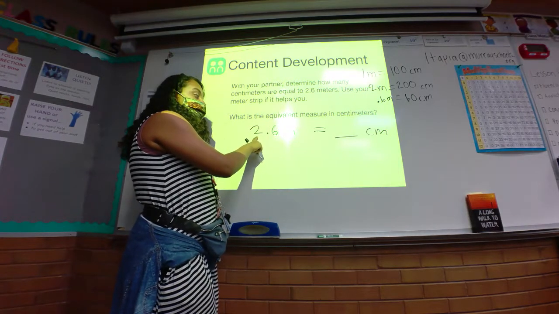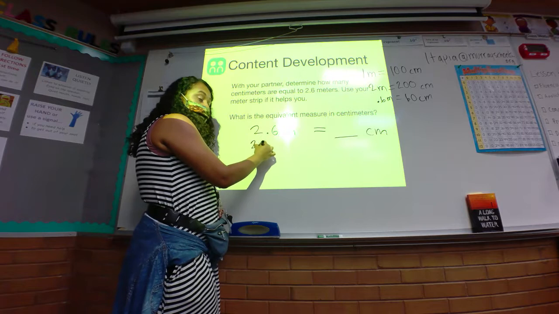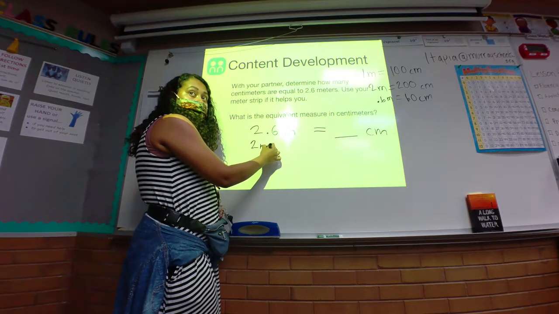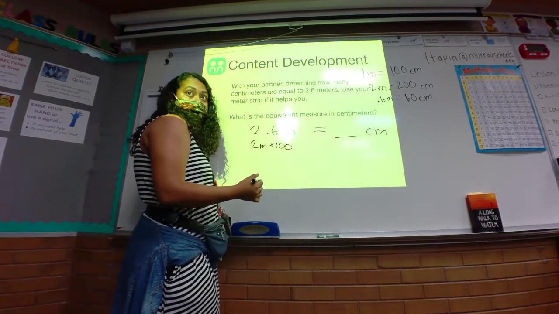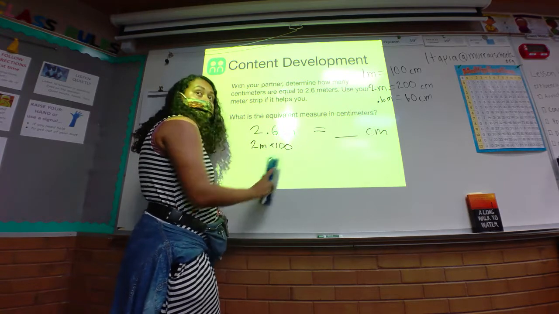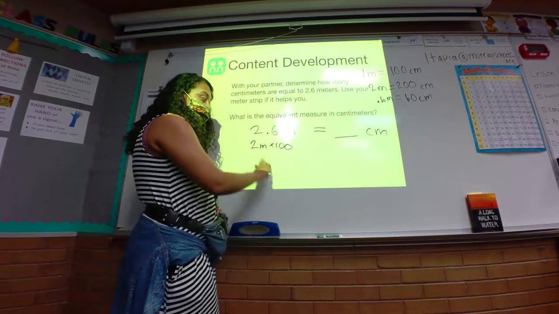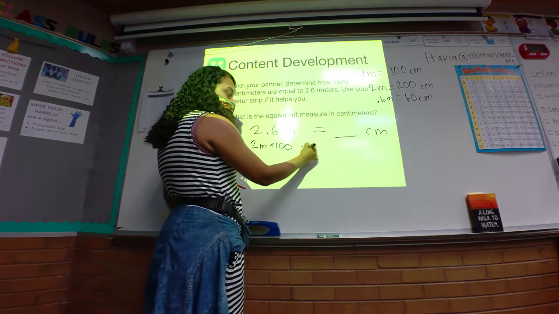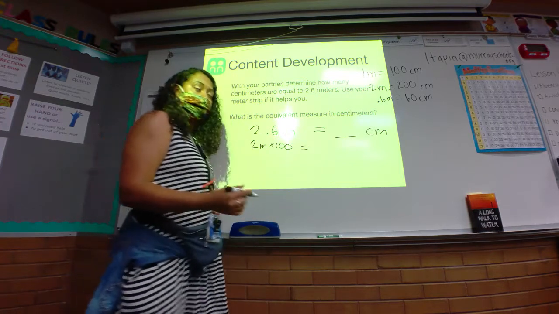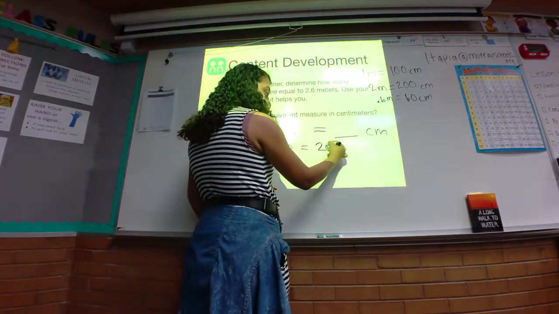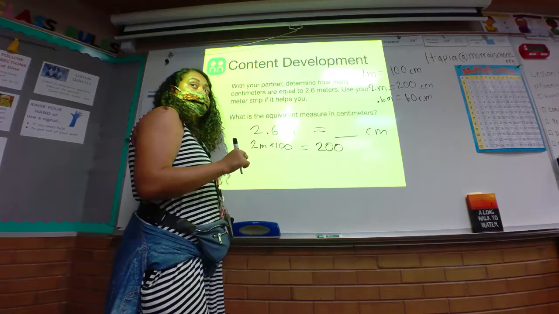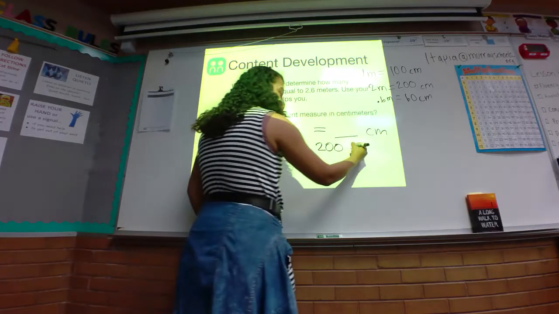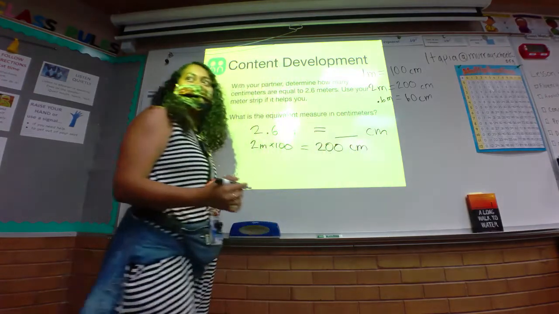So you did 2 meters times it by 100? Okay, what did you get? I got 200 meters? Kilograms? Close? Kilometers? Centimeters. You got it.